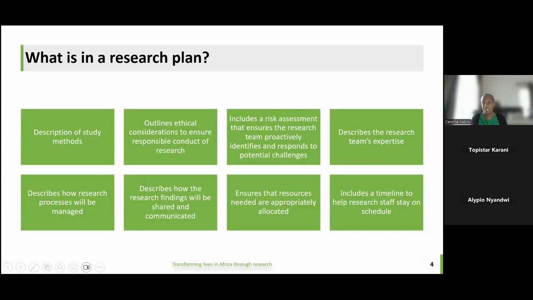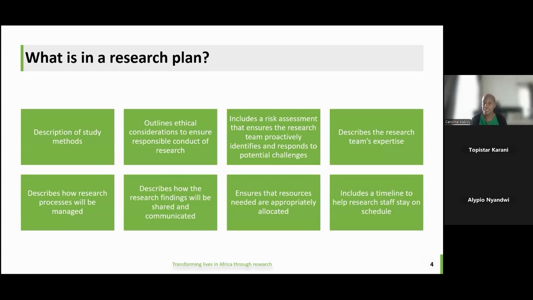So, what's in a research plan, whether for a proposal or as part of a research protocol for implementation of a project? It will describe the study methods in adequate detail that others can easily pick up what you've written and replicate the work. It outlines the ethical considerations that will ensure responsible conduct of research.